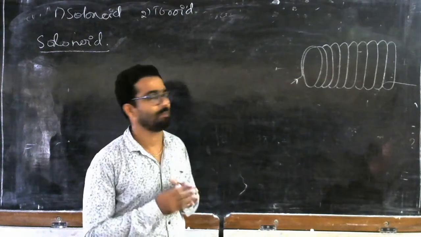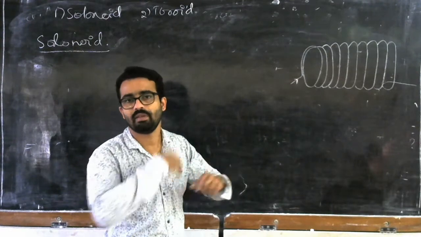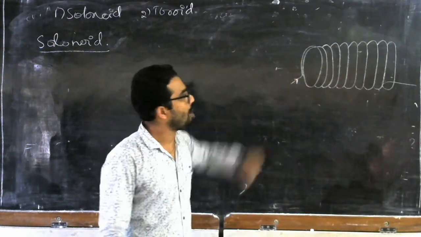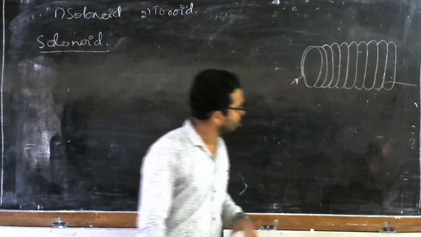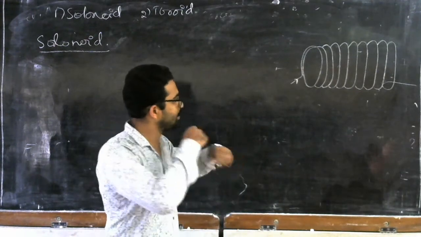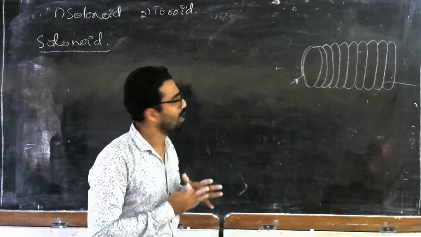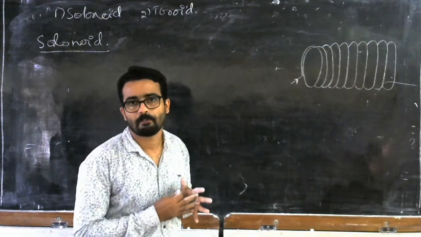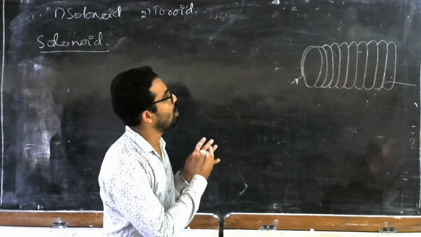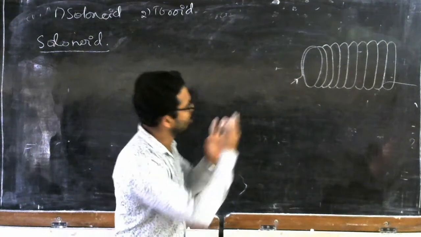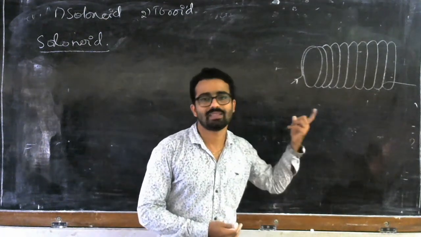It has a wire which is wound in the form of a helix. The neighboring turns of this solenoid are closely spaced, and the magnetic field due to the whole solenoid is contributed by each circular ring.